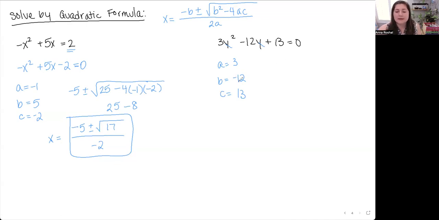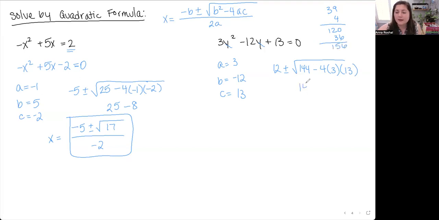If something is already negative and we need to make it negative, we're just going to make it positive. So 12 plus or minus the square root of -12 squared, which is 144, minus 4 times 3 times 13. 3 times 13 is 39, and 4 times that is 156.